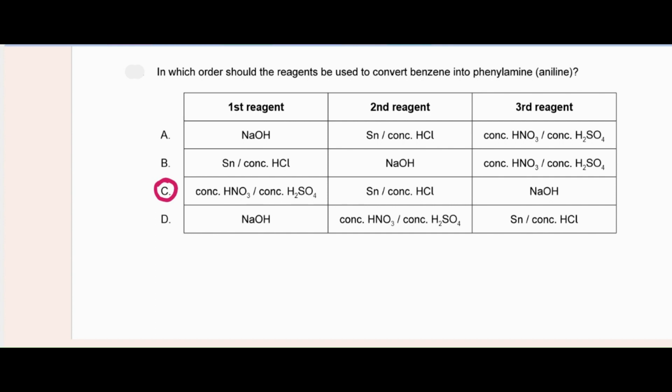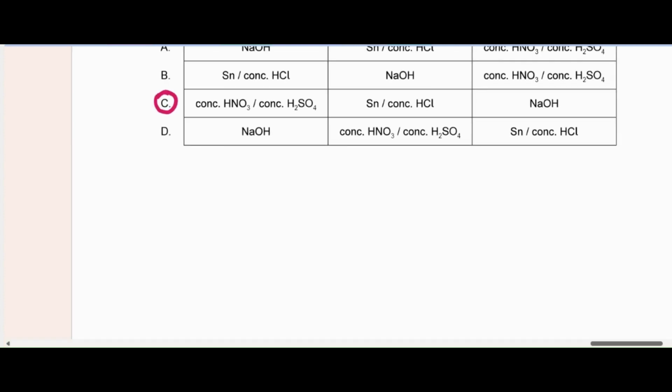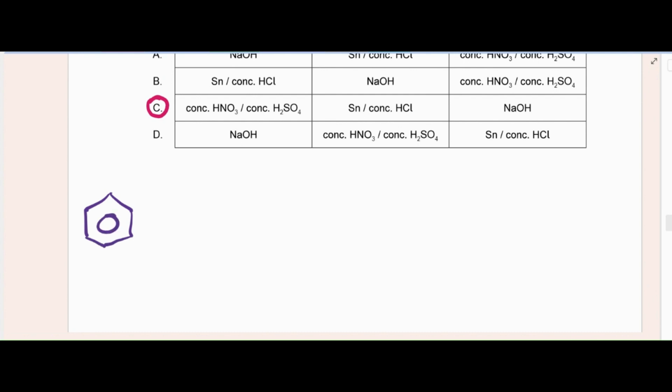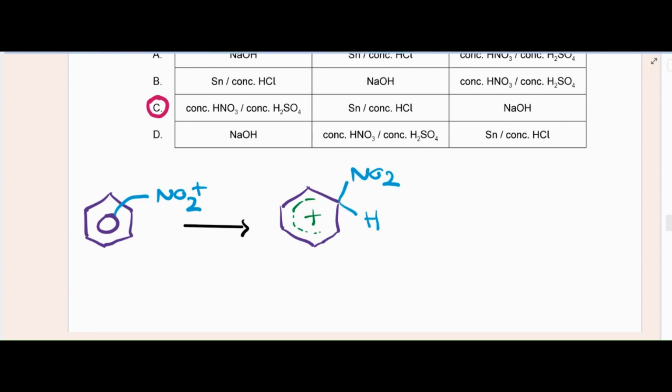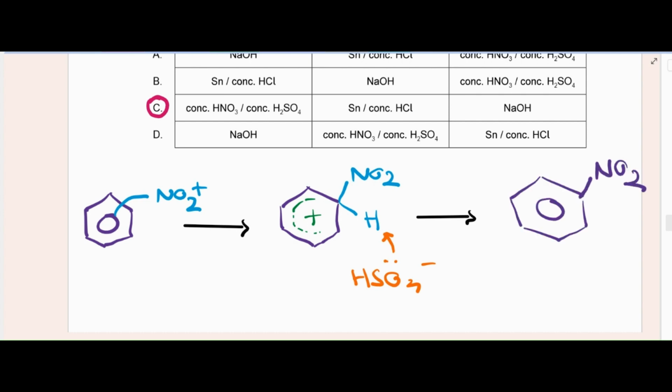So already, if you just know that, it will be C. So during the mechanism for the first bit, and then at the end, I would just add H2SO4 and just say catalyst regenerated.